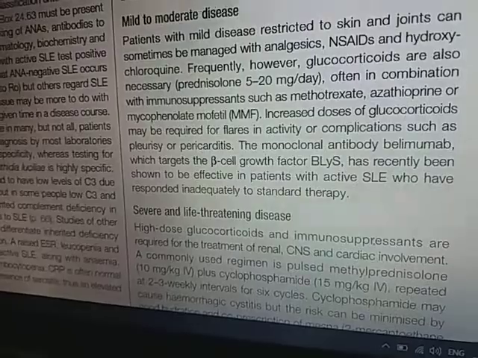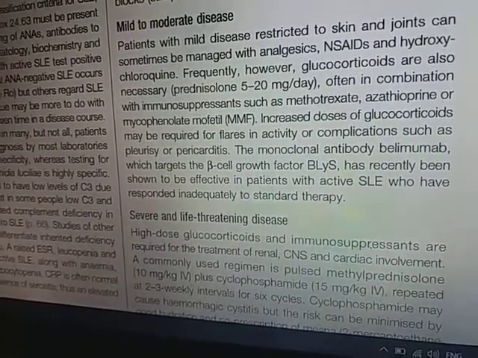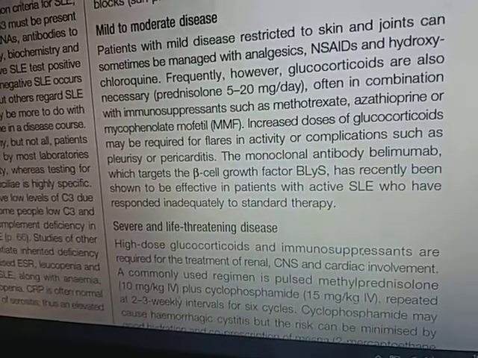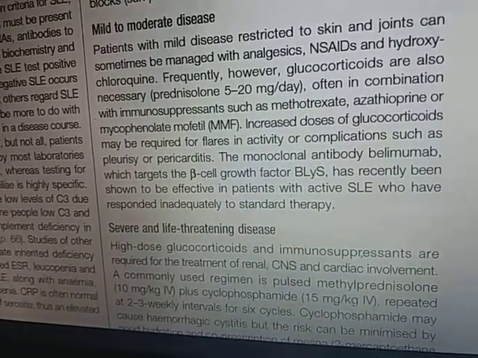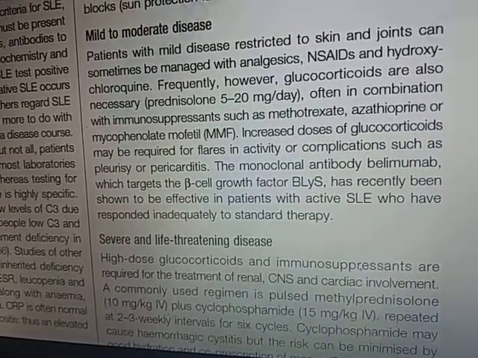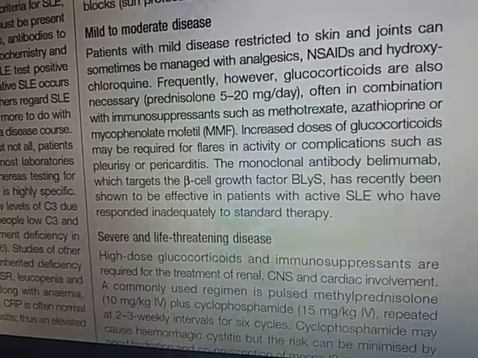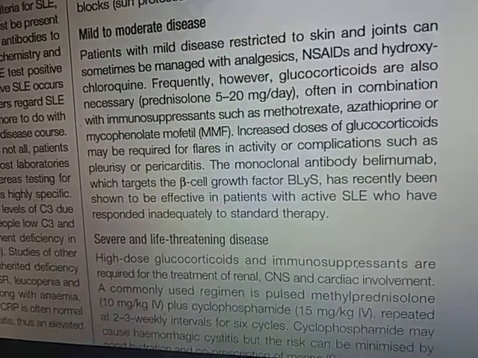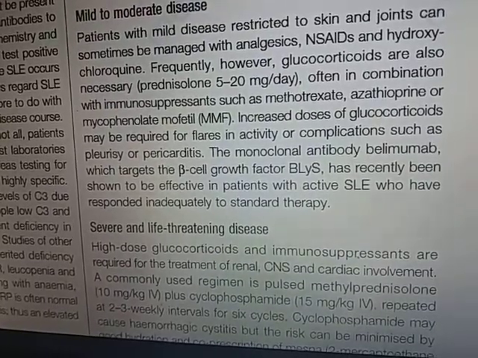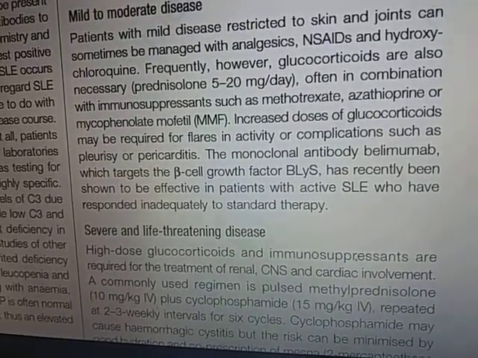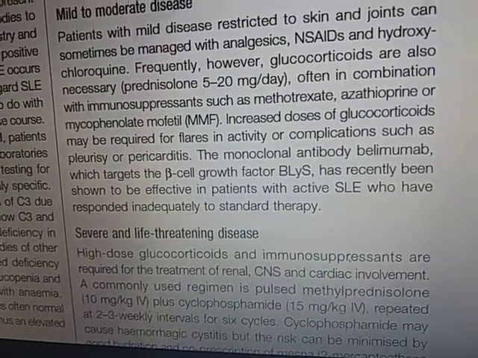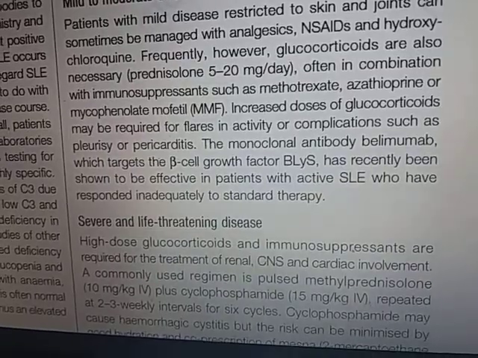The other line of treatment is corticosteroid. Prednisolone is the cornerstone of management for SLE. One can use a short course of prednisolone. For life-threatening disease affecting the kidneys, CNS, and cardiovascular system, one should use steroid and may add immunosuppressive therapy.